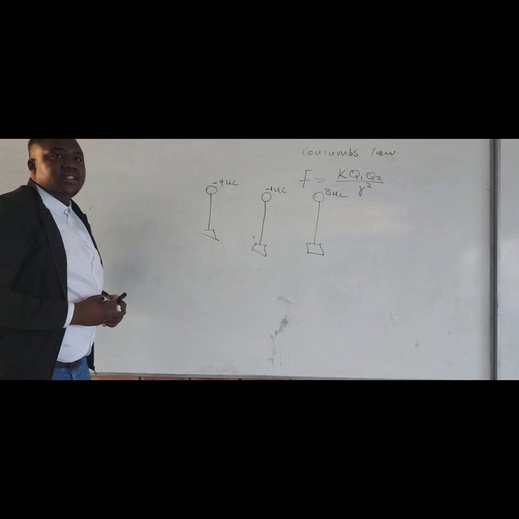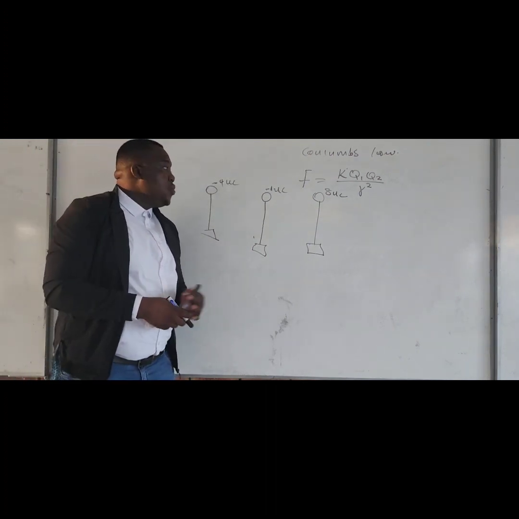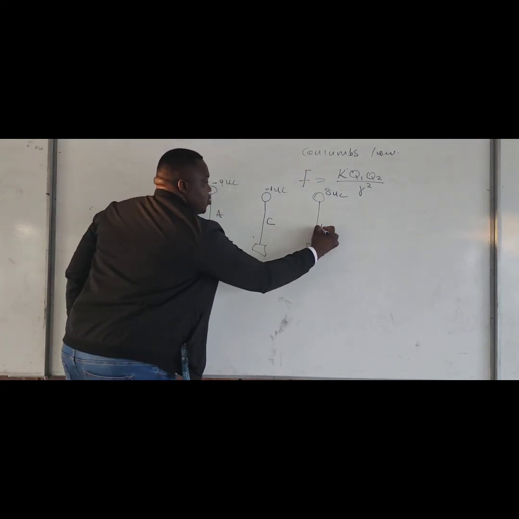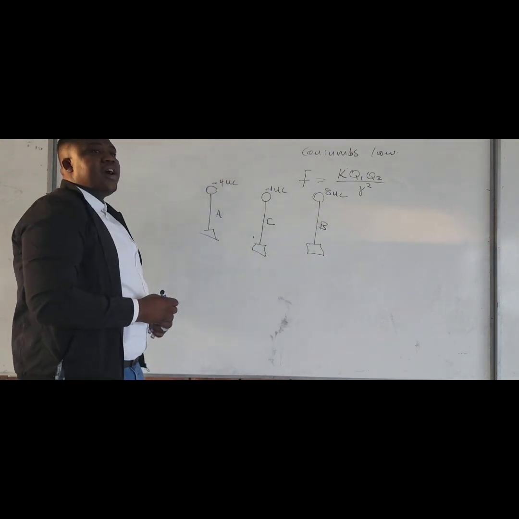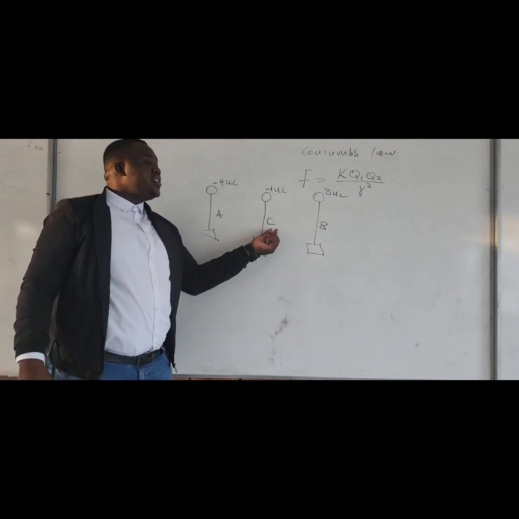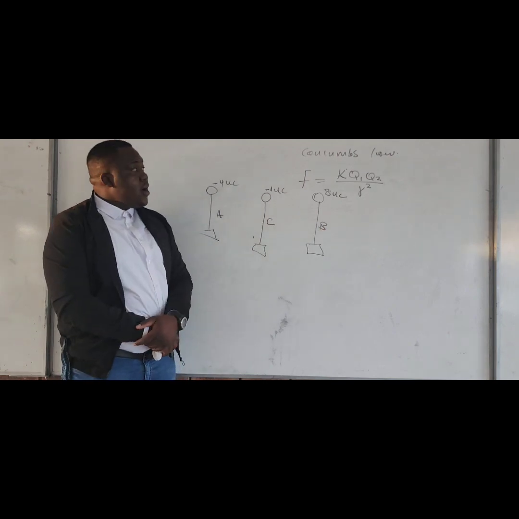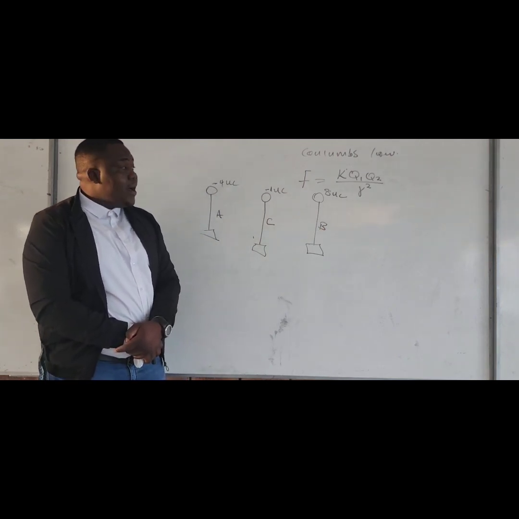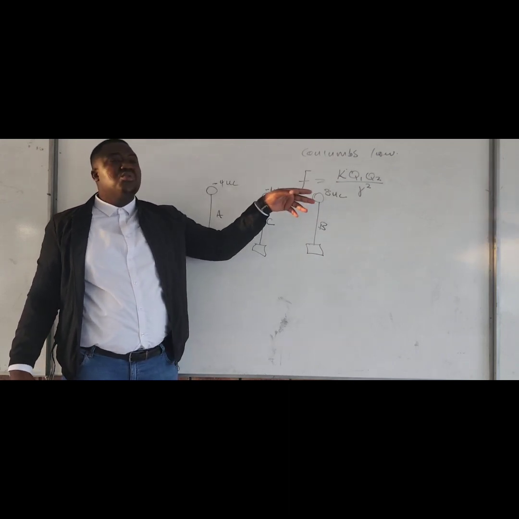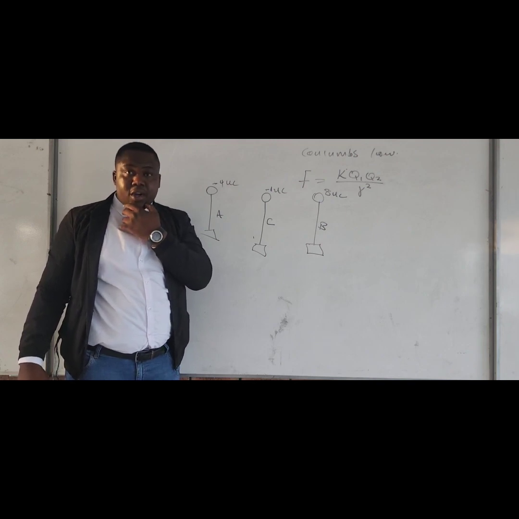Then they say calculate the net electrostatic force, which we find on this one, let us call it C. This one is A, this one is B. Look at the question: calculate the net electrostatic force which C experiences due to A and B. Now we have a problem, because in our formula we have Q1 and Q2. We don't have Q1, Q2, Q3. We don't know what to do, right?